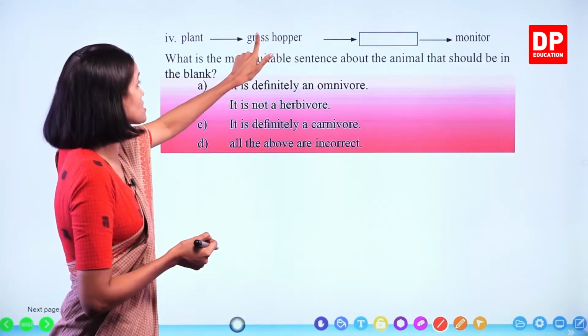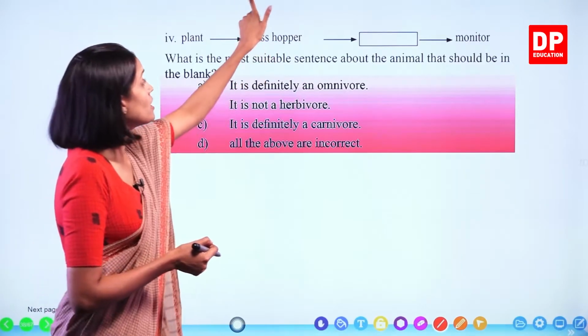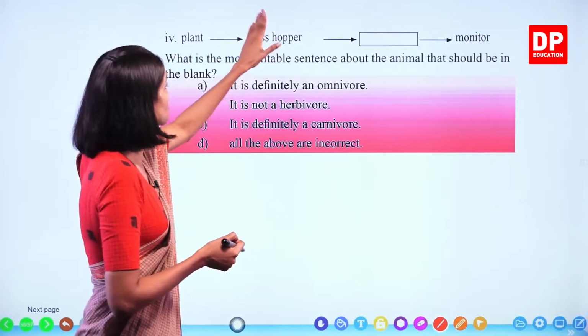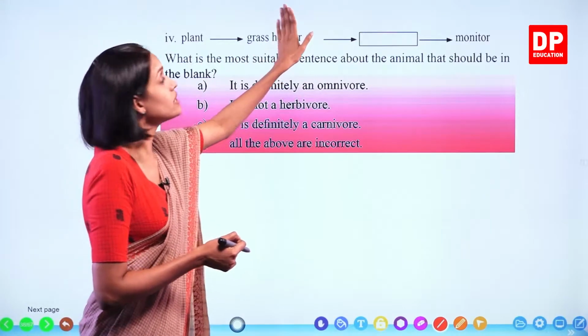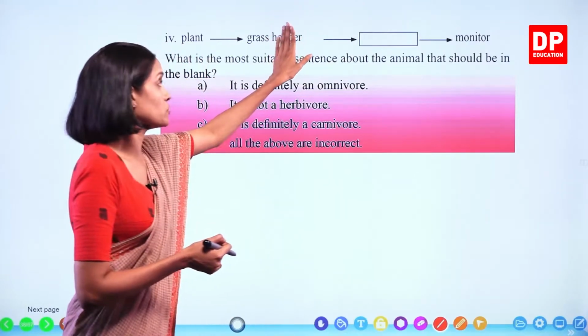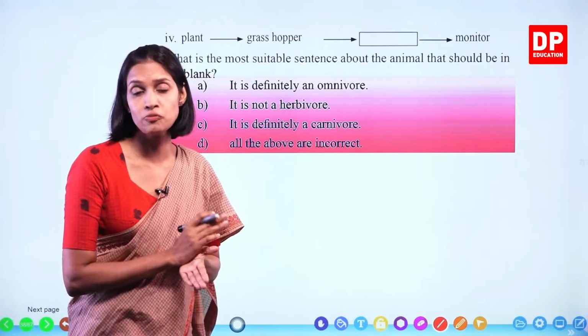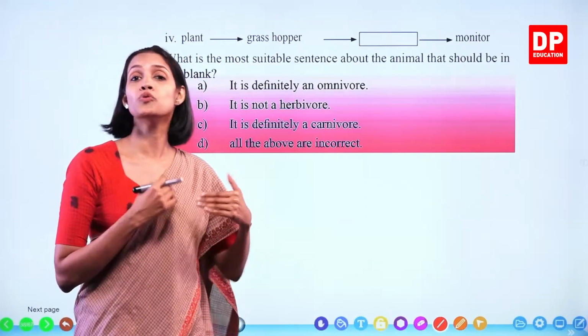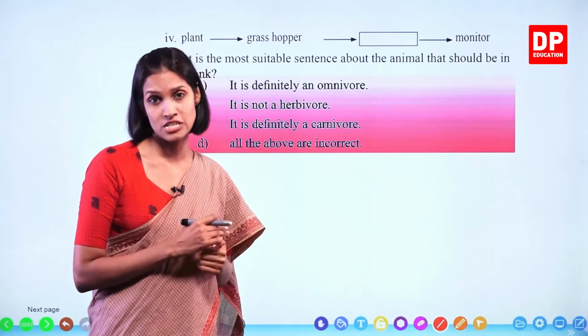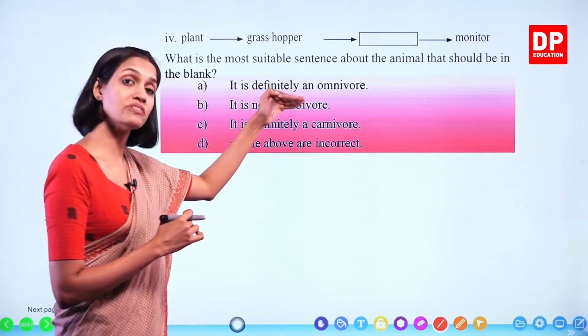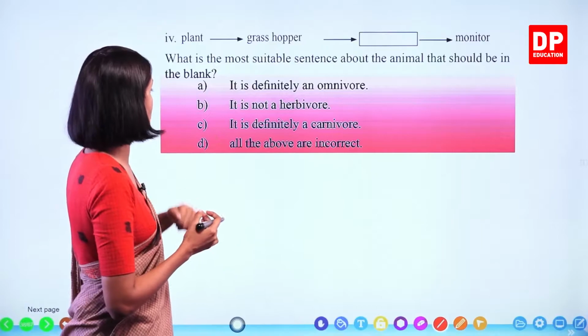Okay, now here grasshopper, it's a herbivore. Now, this third link should be an animal who feeds on grasshopper. Right? If it feeds on grasshopper or if it feeds on another animal, it definitely can't be a herbivore because herbivores are the animals who feed only on plant materials. Okay? So, this is correct. It's not a herbivore, but we are going to read the rest of the answers as well.